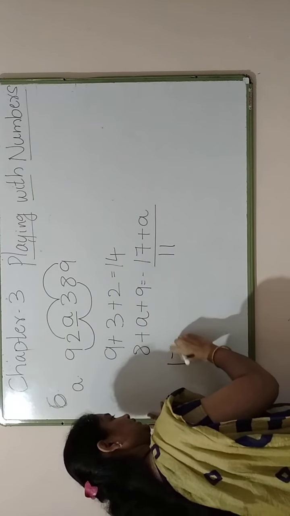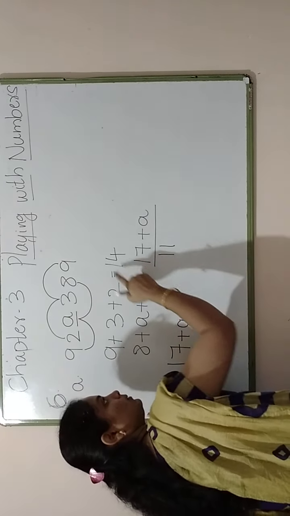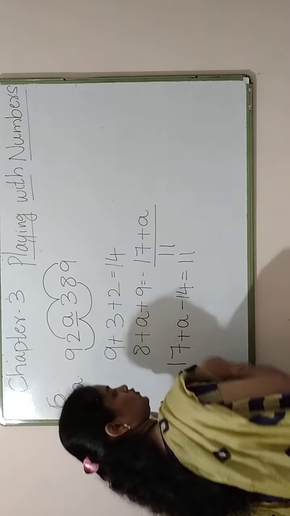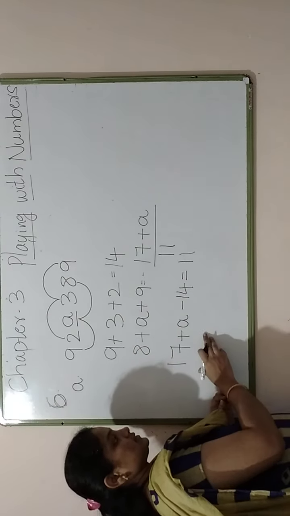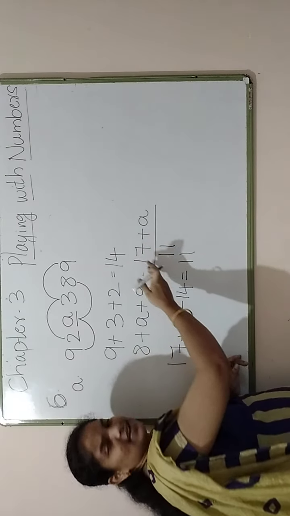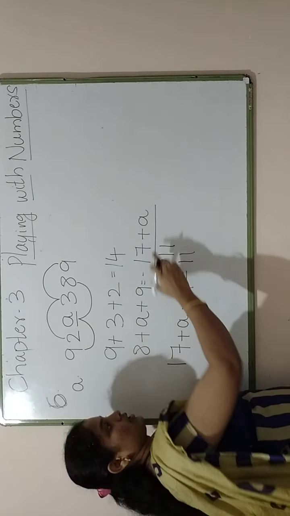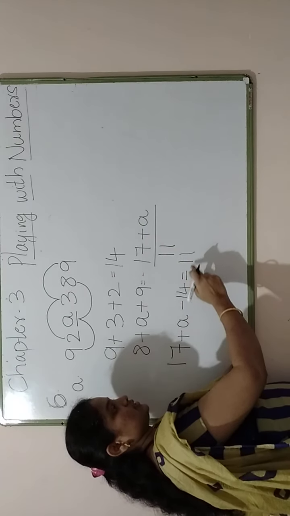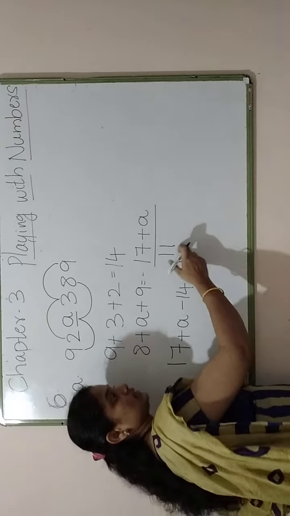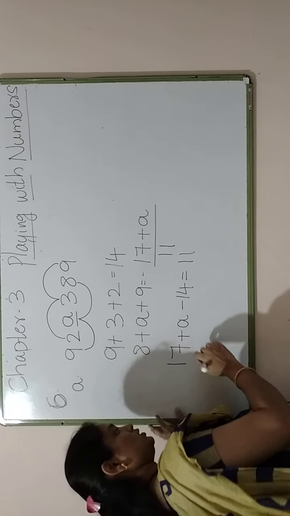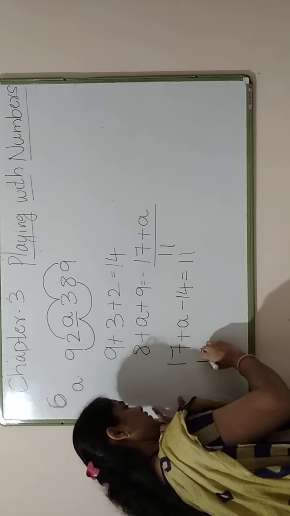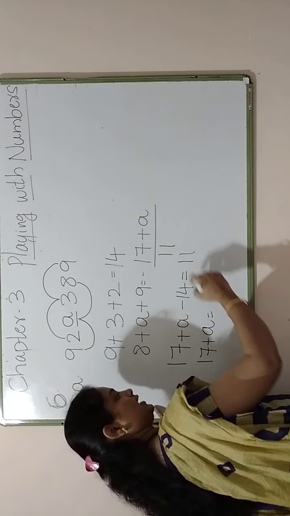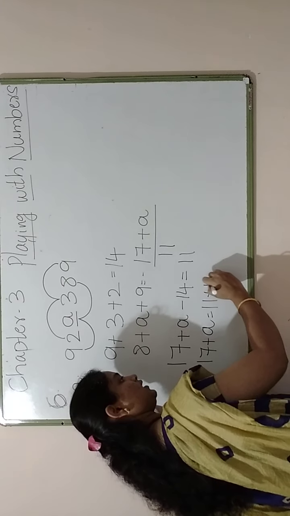That is 17 plus a minus 14 is equal to 11. Okay. So what we got is, I am subtracting this minus this or this minus this. So now 17 plus a minus 14 is equal to 11. We have to get the answer as 11. Okay. Now 17 plus a is equal to 11, and this minus 14 goes to that side and becomes plus 14.